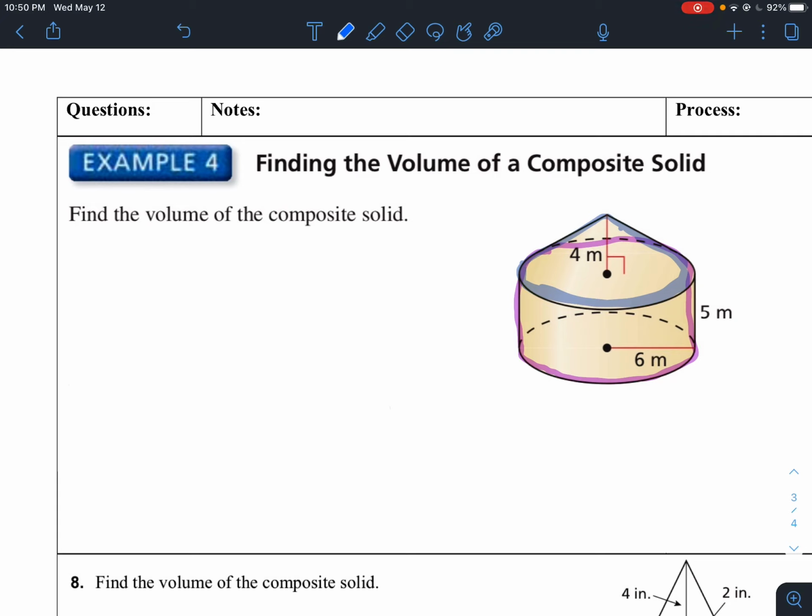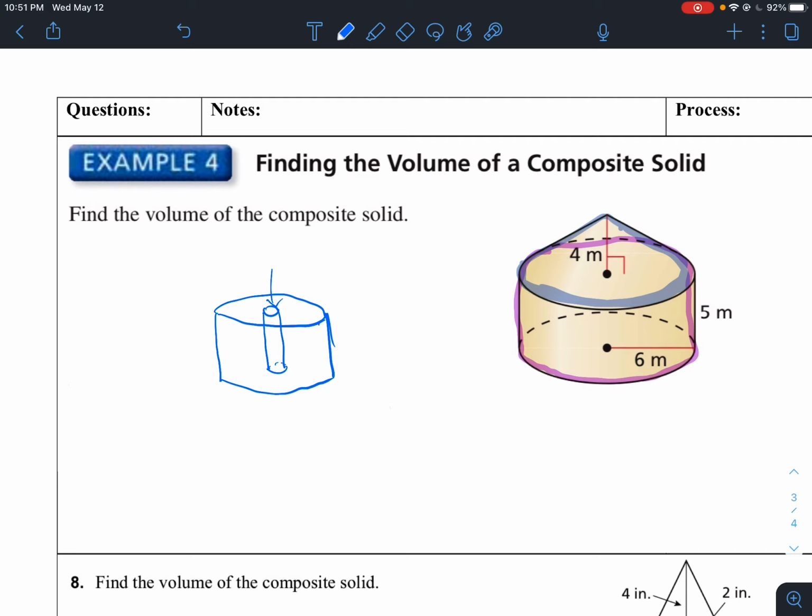Okay, and so really the only thing that we need to do in a composite solid is either, it depends. Sometimes you might have something like, I'm not sure how well I could draw this, but let's say we had something like a cylinder that was hollowed out down the center right there. This is also a composite solid, but here there is a volume of the cylinder that is missing.